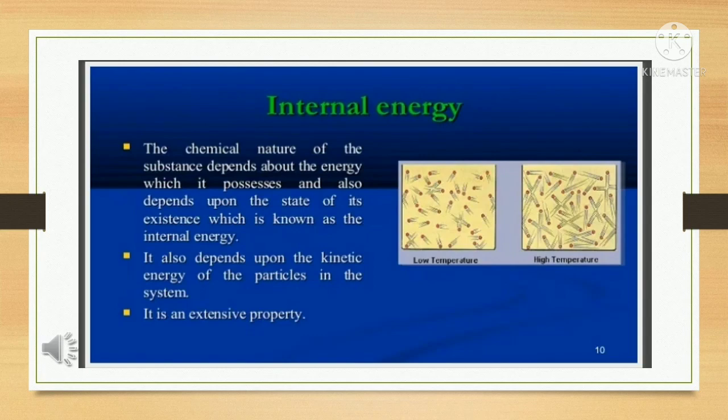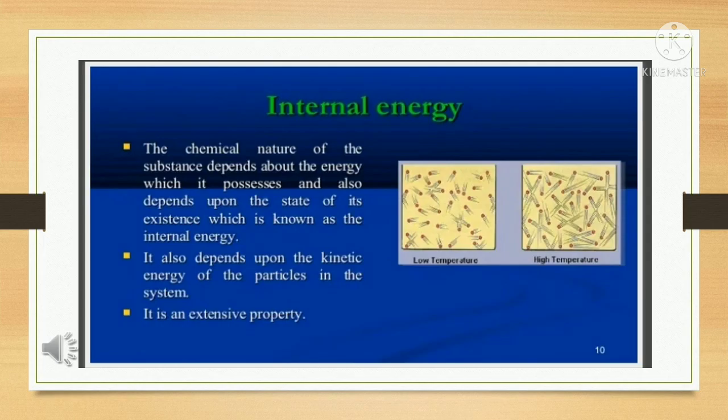The internal energy. The chemical nature of a substance depends on the energy which is possessed, and also depends upon the state of its existence, which is known as internal energy. It also depends upon the kinetic energy of the particles in a system.